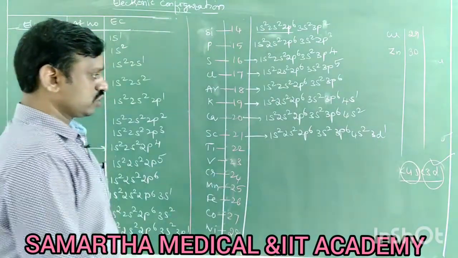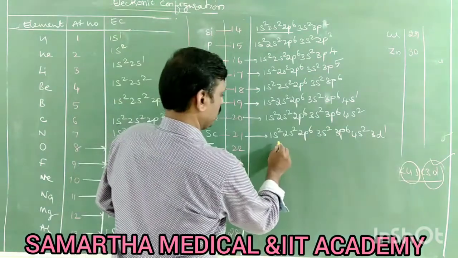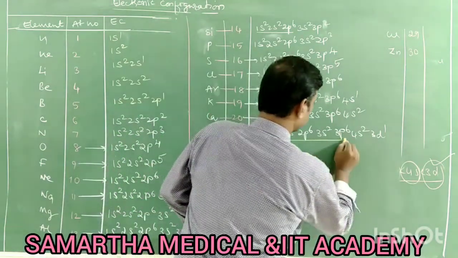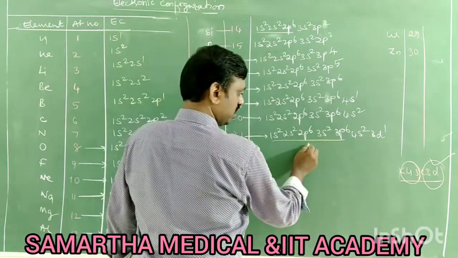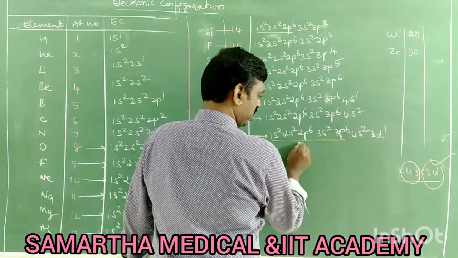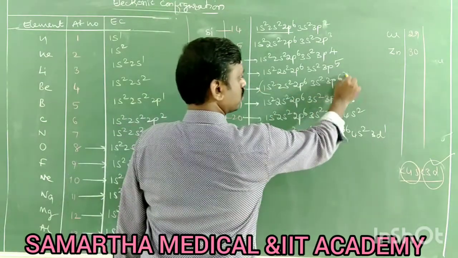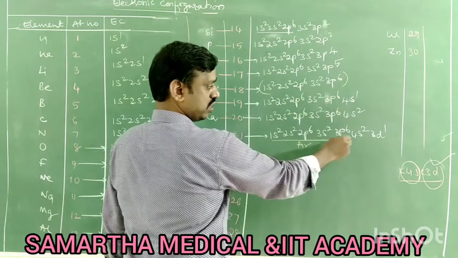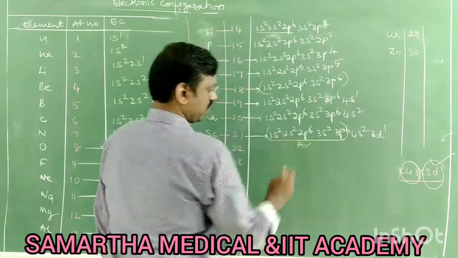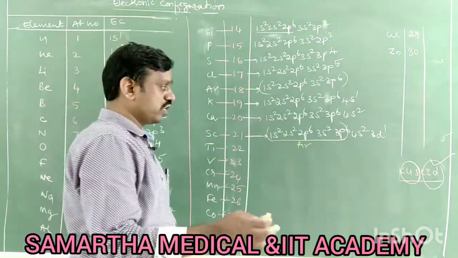Now, this electronic configuration from 1s2 to 3p6, we take as argon. You see here, argon, same or not? 1s2, 2s2, 2p6, 3s2, 3p6 till here. Argon is a noble gas, inert gas. What is a noble gas?